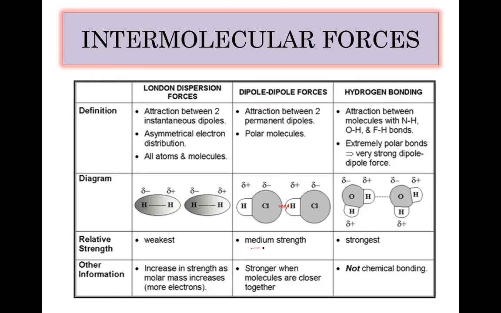It has medium strength, stronger when molecules are closer together, or when the dipole moment increases. And lastly, hydrogen bonding is the attraction between molecules with NH, OH, or FH bonds, extremely polar bonds, very strong dipole-dipole forces.